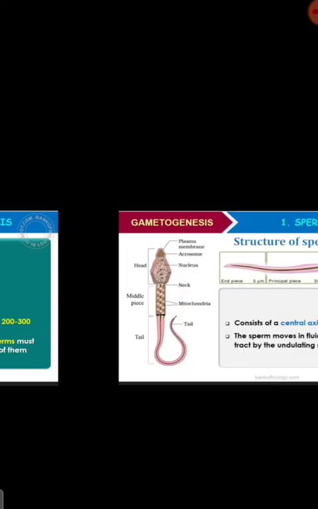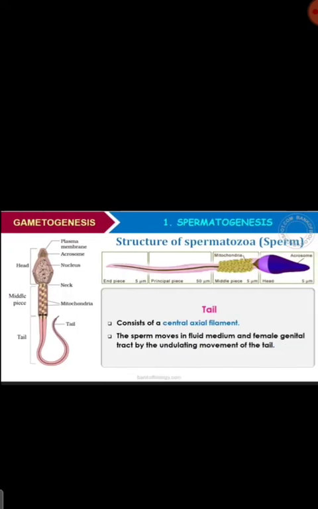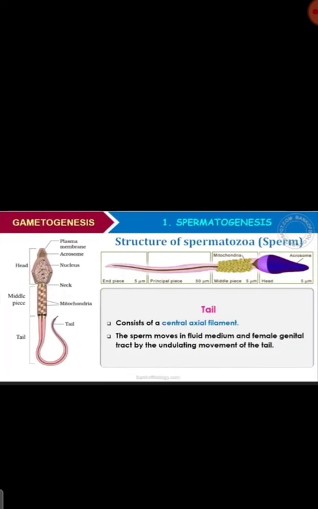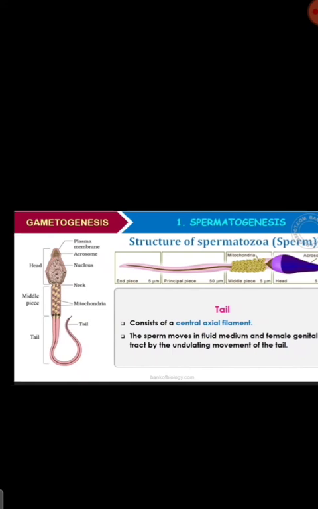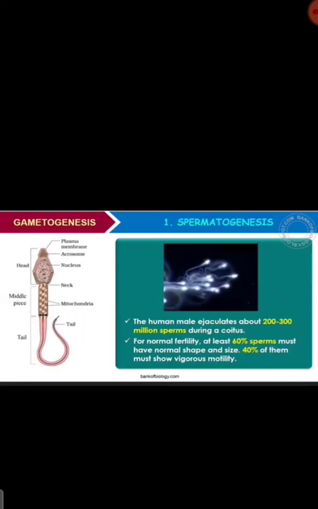Now that we have studied the sperm structure and its parts, we will study the human male ejaculate. How much is ejaculated, how much is produced? The human male ejaculates about 200 to 300 million sperms during coitus, that means during sexual intercourse.